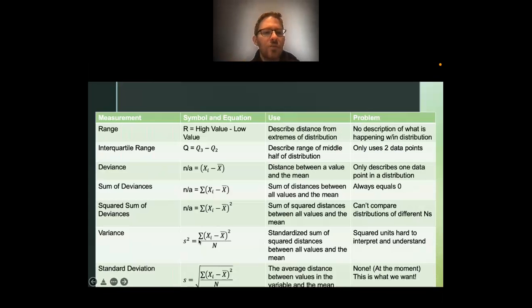But you don't need to know the equations for any of them except for standard deviation. You just need to know why we can't use them. What's the problem? But otherwise know the standard deviation.